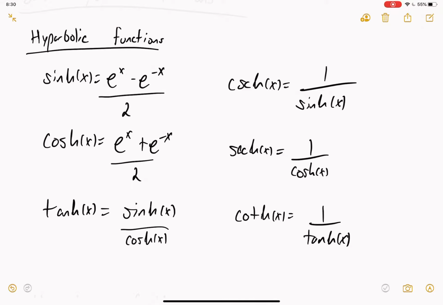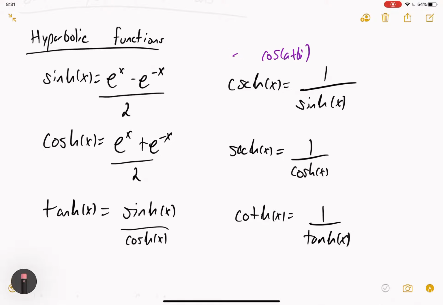Just a quick side note, if you do want to learn more about these kinds of things, these are the real parts and imaginary parts of the complex trig functions. I'm more used to seeing stuff with these definitions versus actual hyperbolic functions. If you want to learn more about where they come from, you could look up the complex version of cosine of z, where cosine of z is cosine of a plus bi.